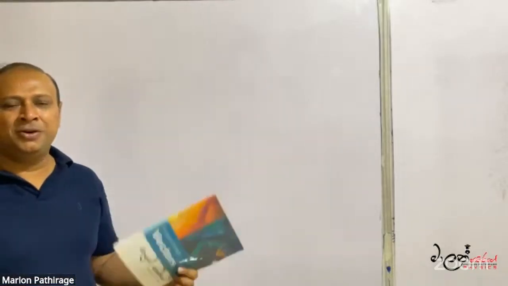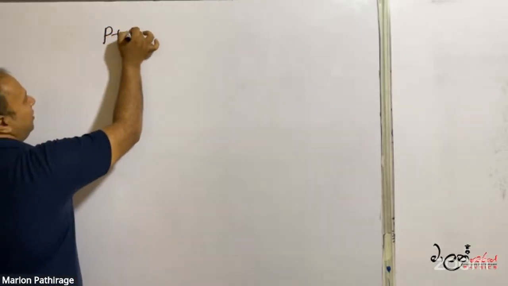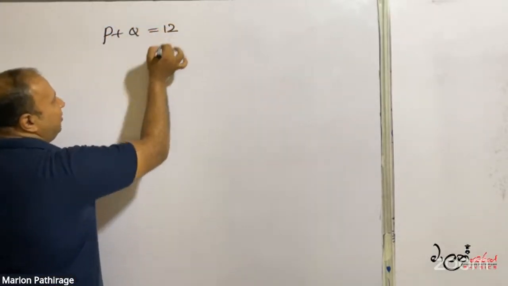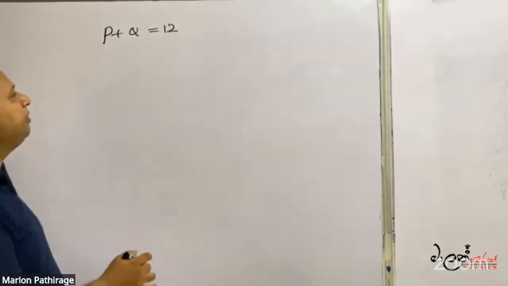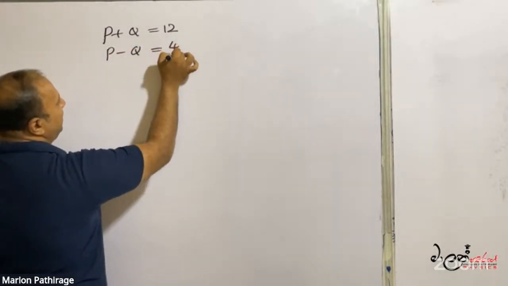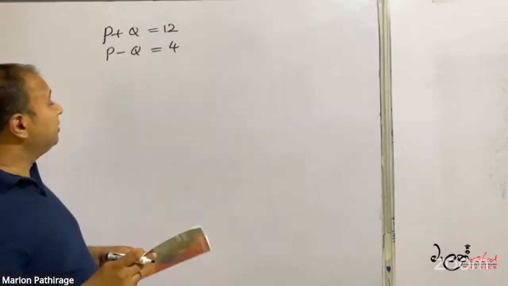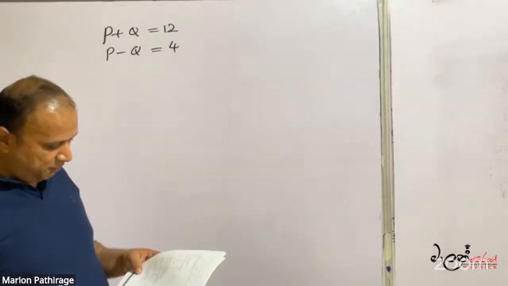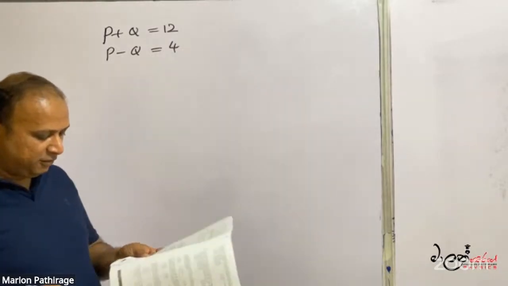Once you read this question, the maximum is 12, that means P plus Q is 12. Minimum is 4, therefore P minus Q is 4. Addition is 12, subtraction is 4.